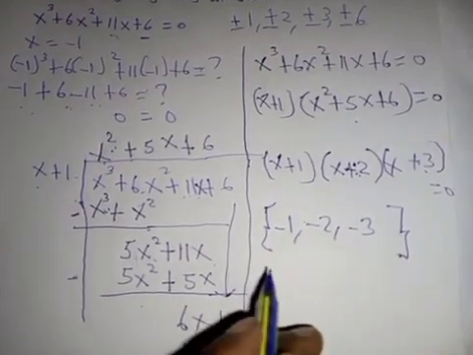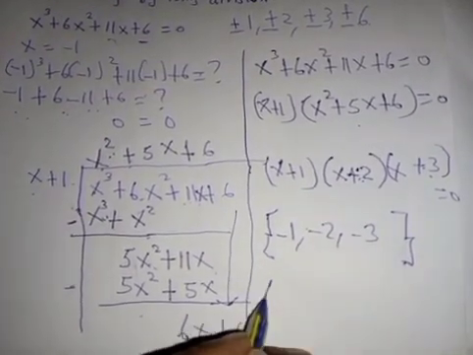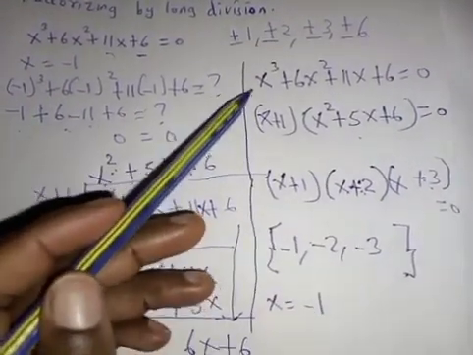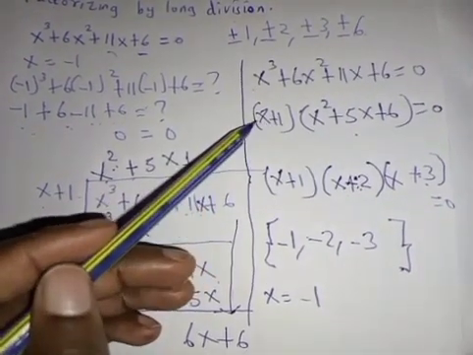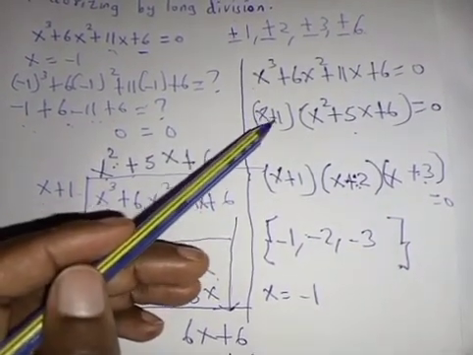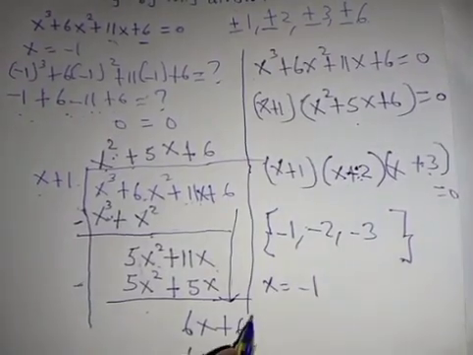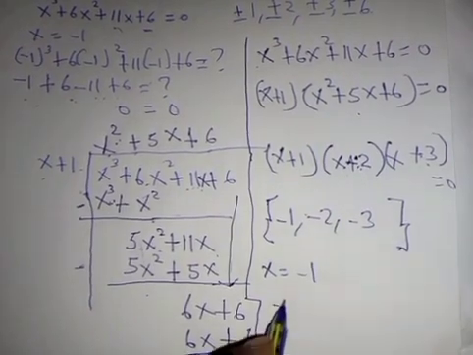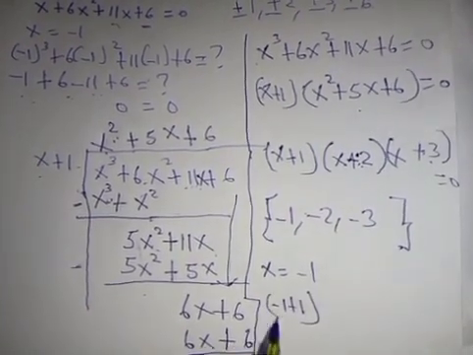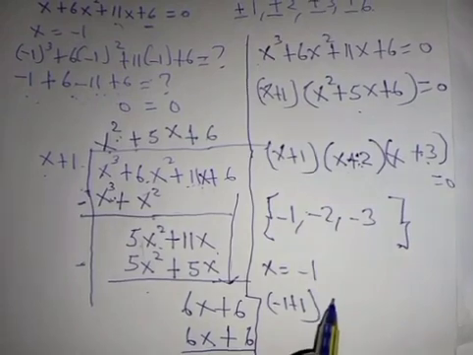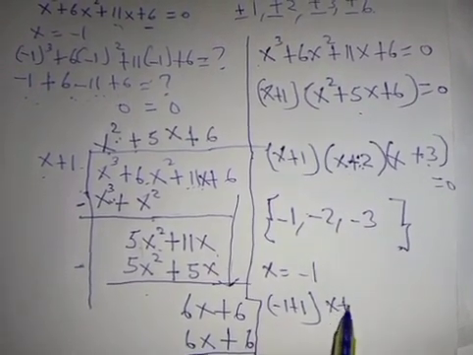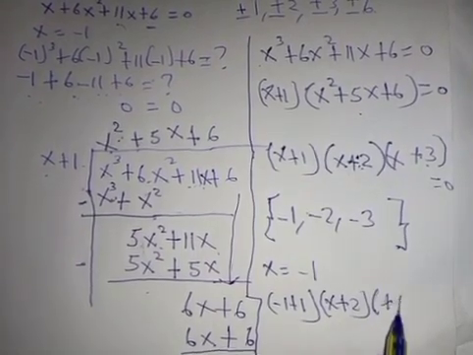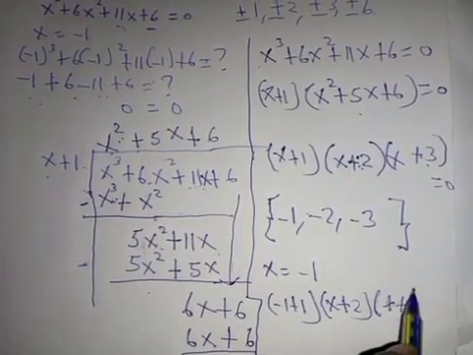Always you can check whether your answers are correct. For example, when x is equal to -1, you substitute here. Let us check that one here. You have (x + 1)(x + 2)(x + 3).